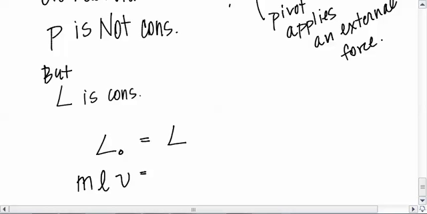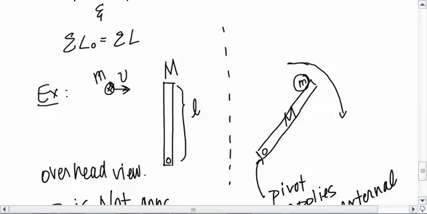Now afterwards, they're actually rotating, so our angular momentum here should be I omega. They stick together, so what can you tell me about omega of the system? It's the same. But what is the moment of inertia of this system? This is a rod pivoted about its end with a point mass stuck on the end of it.